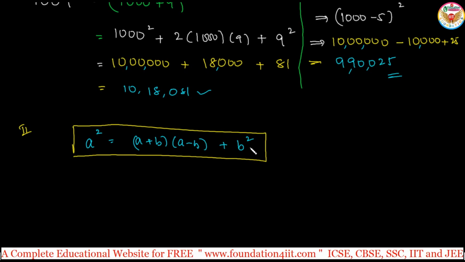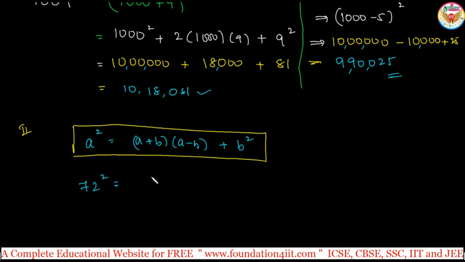Okay. So based on this, let us take one example. This is useful when the number is very close to a power of 10, like 100,000 or 10,000. For example, you have to find the square value of 72. Now a is 72, and we have to take some small b value.